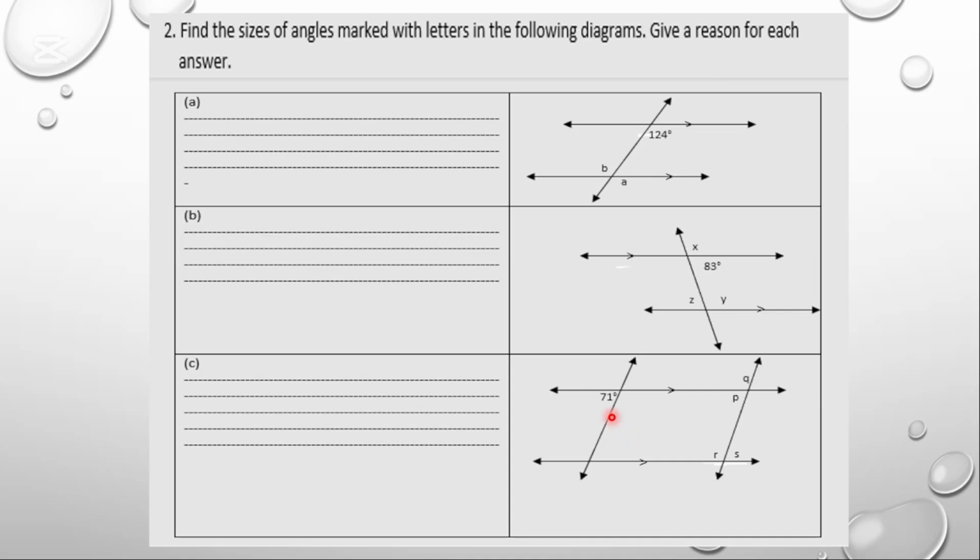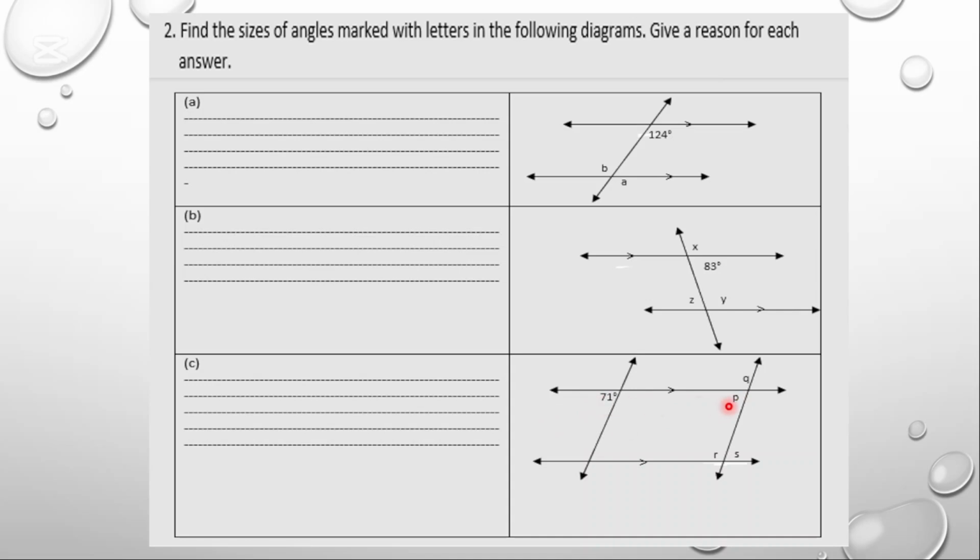This one is 71 degrees, and first decide which is the other pair, corresponding to 71, or vertically opposite 71 degrees, or supplementary adjacent with 71 degrees. We only see the corresponding angles here, the pair. So 71 and P, they are corresponding angles.